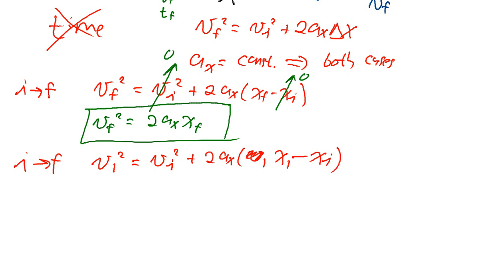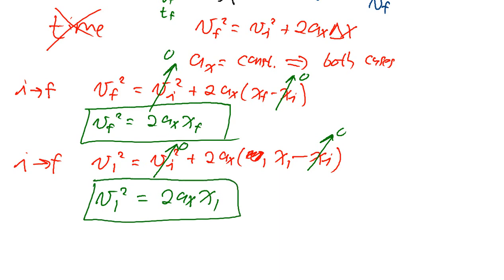Again, the initial velocity and initial position are both 0, so v1 squared equals 2a sub x times x1. I'll put that in a box.